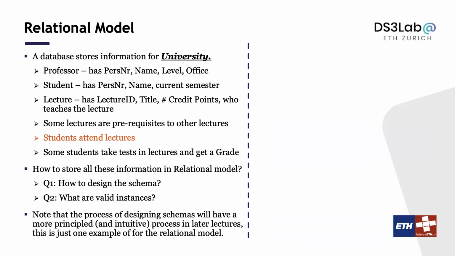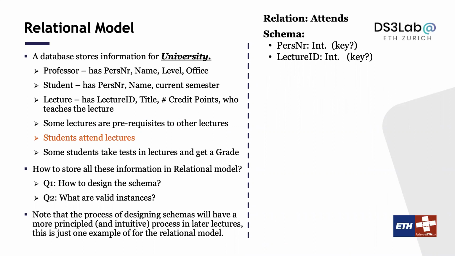Okay, so we can also model information about students taking lectures. This is going to be very similar. You have the personnel number of the students, and you have the lecture ID. Here you can do the same exercise as to which attribute or which subset of attributes are the primary key.